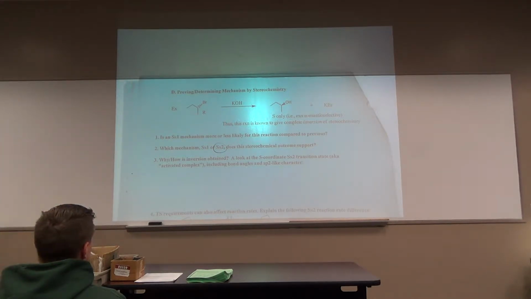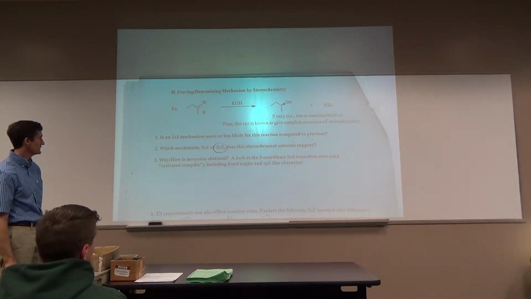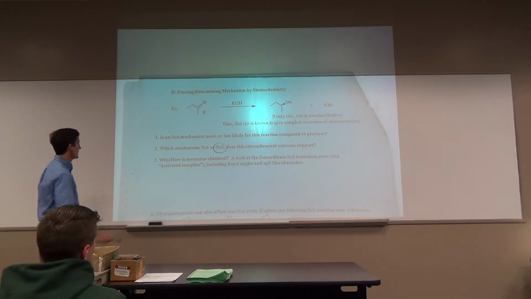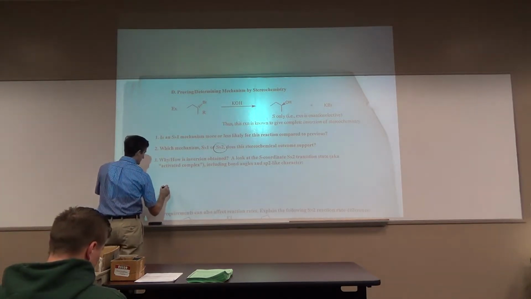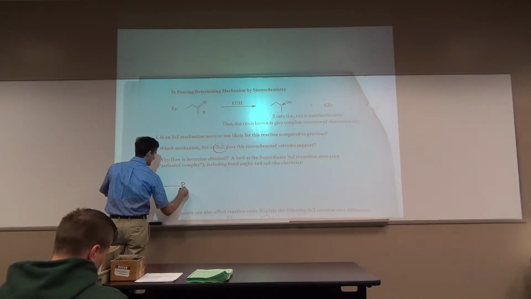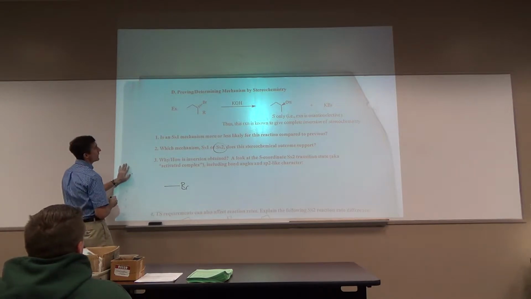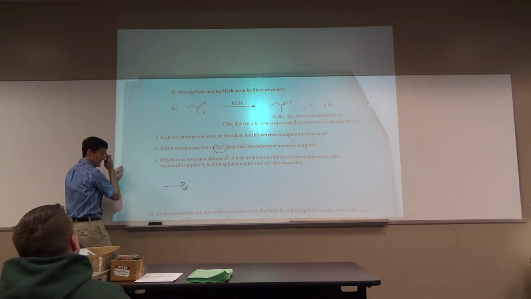We'll do this from scratch. I'll look at the five-coordinate SN2 transition state. Let's redraw this compound here. The bromine like this. We have a methyl, an ethyl, and an H on the carbon as well.